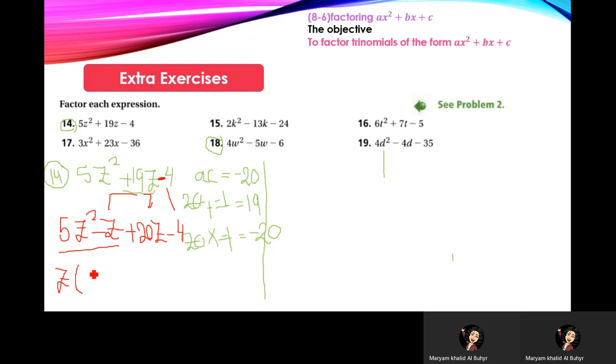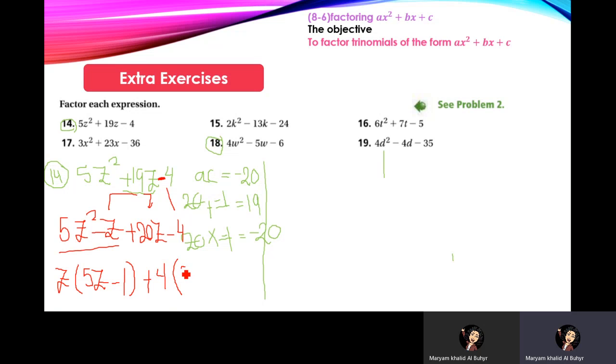Inside, 5z minus 1. Here I'm going to take only the positive. I can take 4 and 4. What is the remaining? So 4 and 4 here, right? This one I can say is 5 times 4.